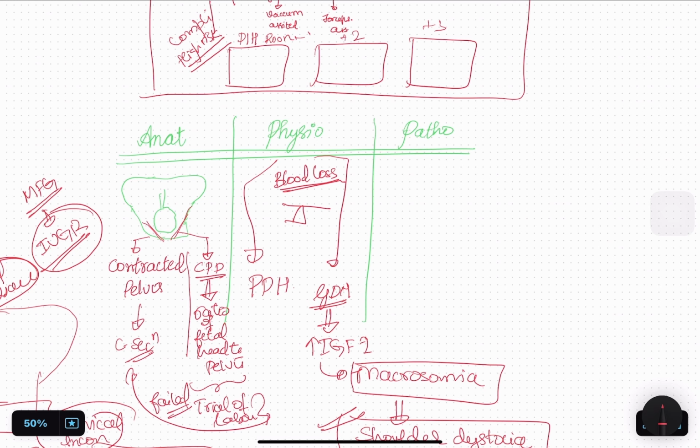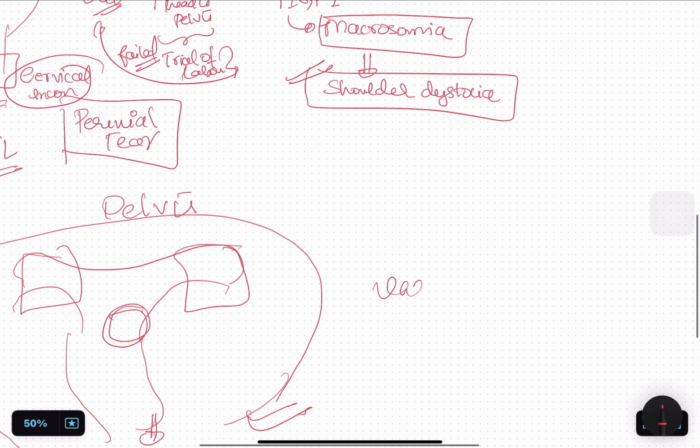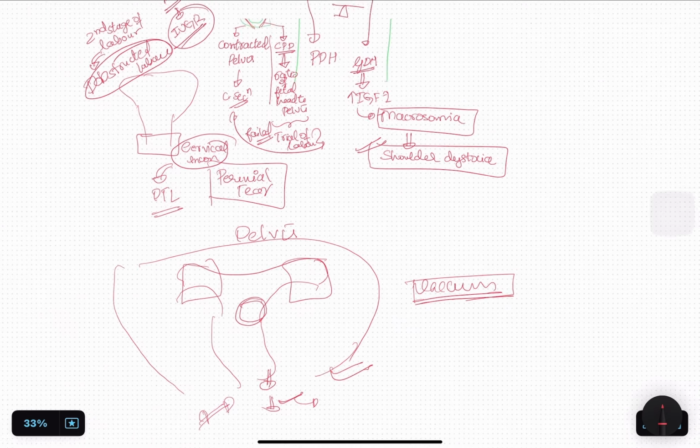If for example in the anatomy I discuss vacuum assistance, if there is a hemorrhage, then you can expect cephalohematoma, all those things. That's also something which is after delivery. I'm not even discussing that part. Here just see what the stats are and what the things are which you can expect. That's the only thing which I am discussing right now.